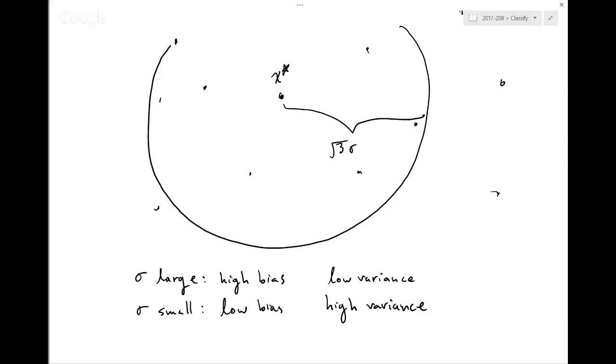But there are a couple of disadvantages with KNN. The main disadvantage with KNN is that it's very slow to do the prediction task. Because with KNN, you have to find what the nearest neighbors are, and that's extremely slow.